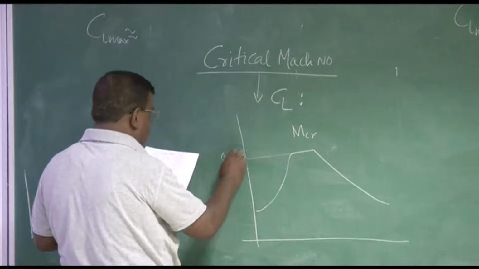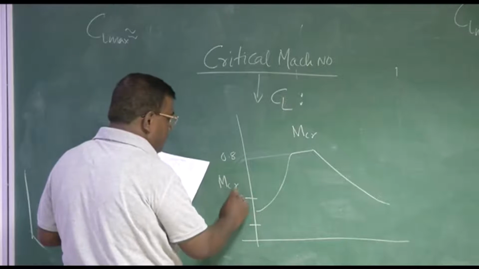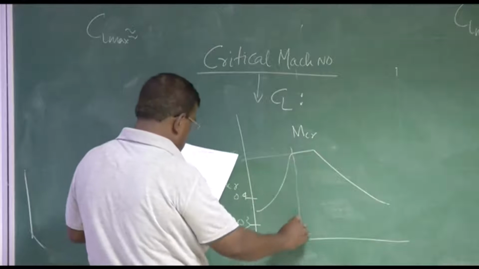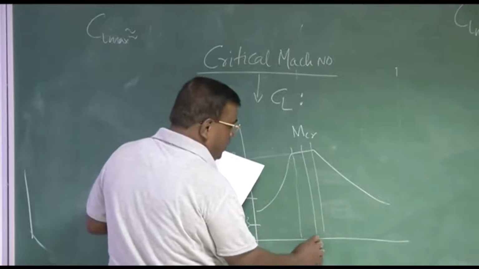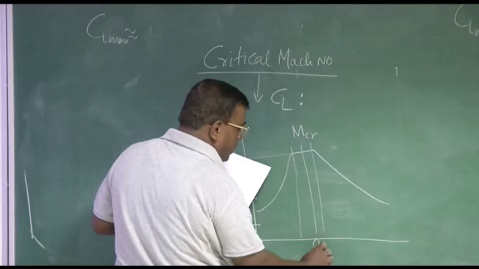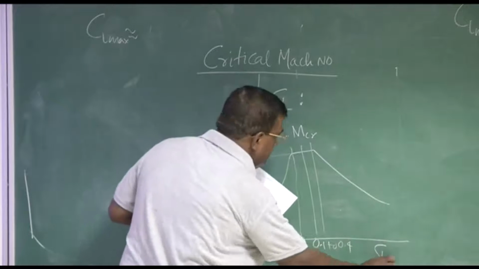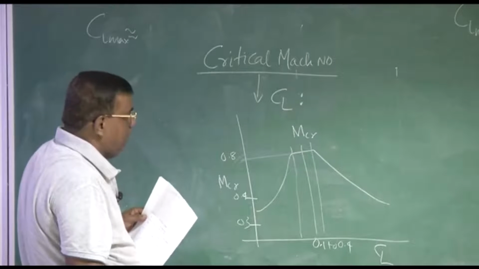If this is 0.8, this is M critical, this may be around 0.4, 0.3, and these points, this is 0.1 to 0.4, that range of CL. So you have critical Mach number around 0.8.